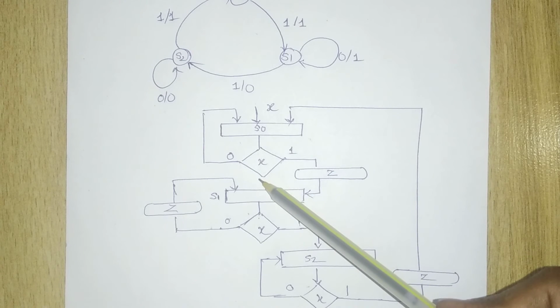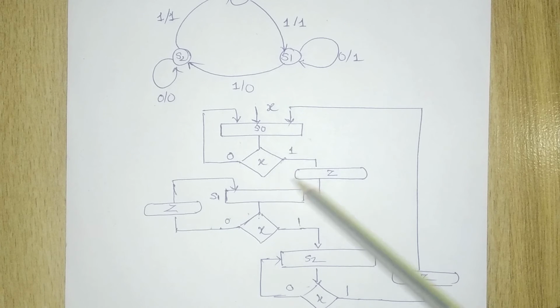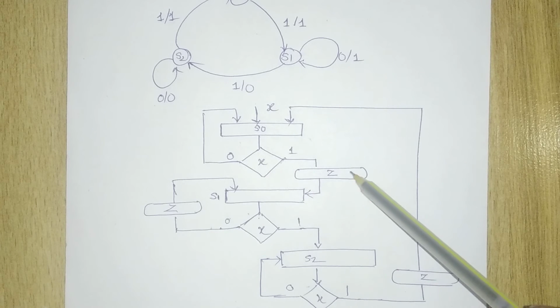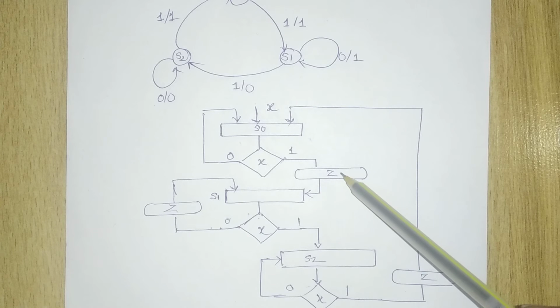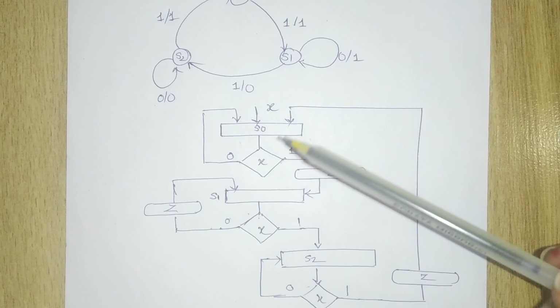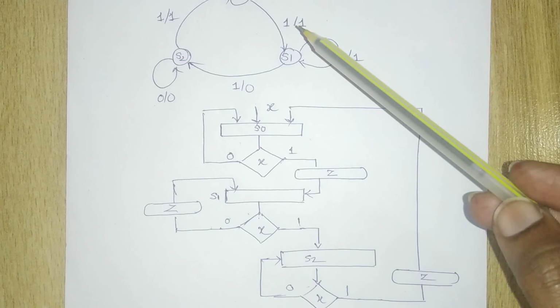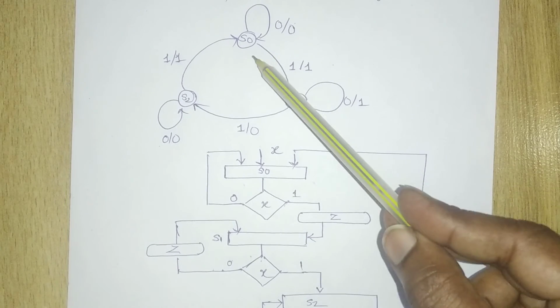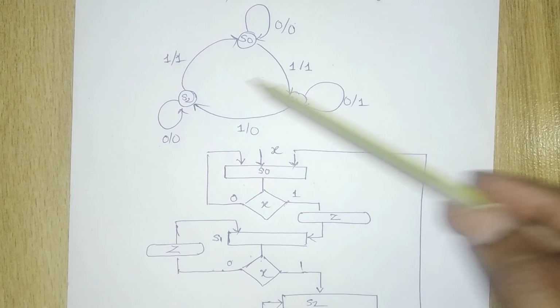This diamond represents the decision box, and this condition box is used only when output is high.